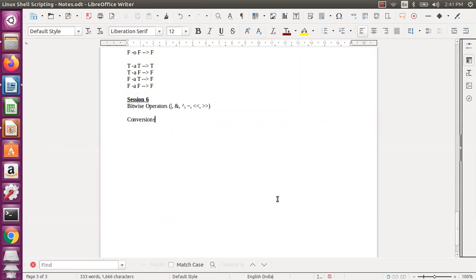Binary I am not discussing, because I don't want to confuse you, and it will not be supported. For this one we need to write our own thing to support it, so that's what I am ignoring as of now. We have three types which we will see: octal, decimal, and hexadecimal.